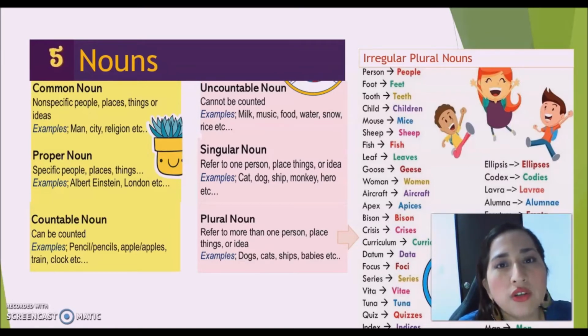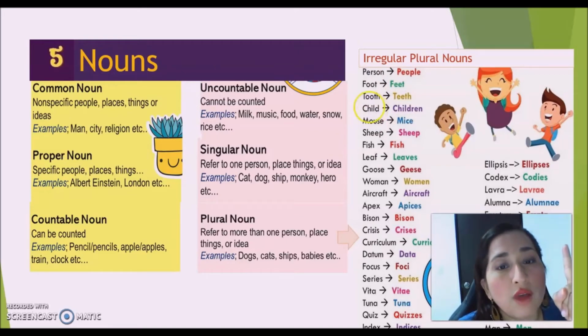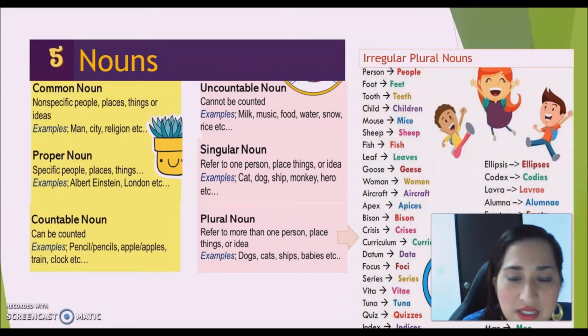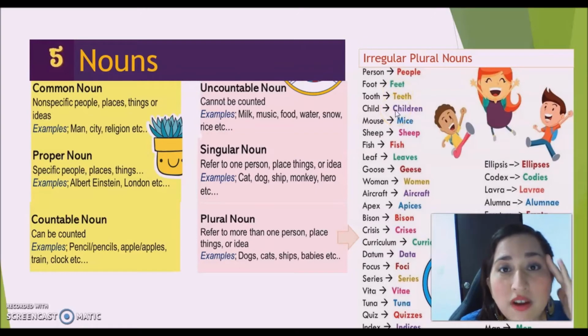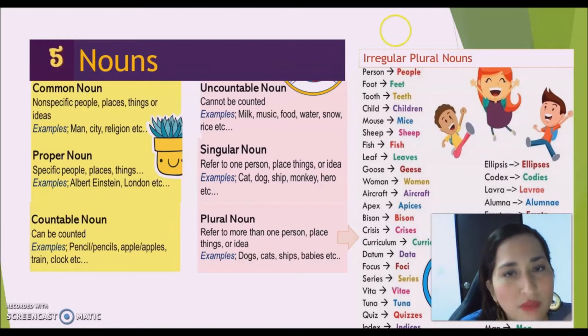But when you are talking about many, you use people. Or for example, child. If it's one, you have to use child. But the plural is children. Okay? So in this chart, we have different irregular plural nouns that you can use. You can remember and learn the plural, but don't put the s to make the plural.